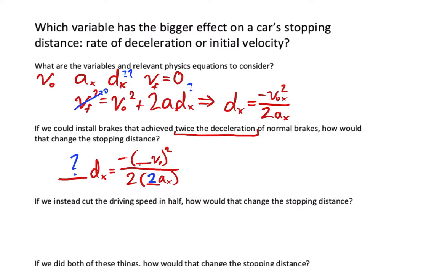So we can already see that, but we can get more exact about how exactly it works. For any variable that we're not changing, I put in a 1. It means that variable hasn't changed. So in this case, we didn't change the driving speed. So we're saying if you're at the same driving speed, we improve our brakes so that you get twice the stopping deceleration.